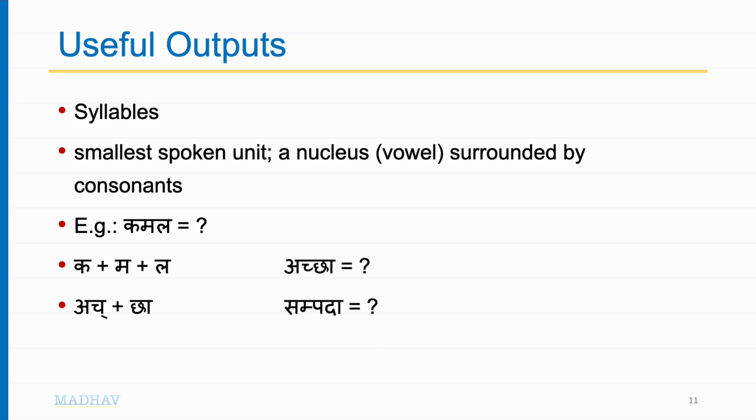But ach and cha, these are the 2 syllables here. Okay, what about sampada? 3. Okay, what are those? Yes, sam, pa, da. So 3. So generally you can see in Hindi it's quite easy.